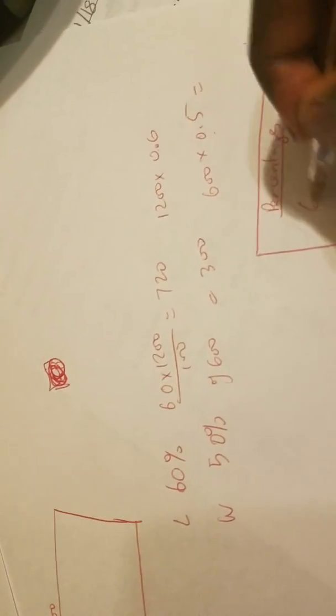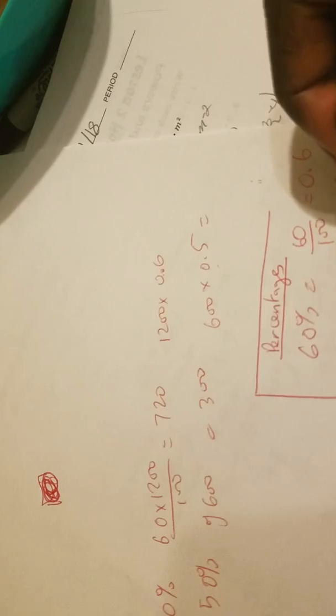That means you transform the percentage into a decimal. 60% is nothing but 60 over 100, which is nothing but 0.6, moving the decimal point twice to the left, 1, 2, and then doing the multiplication with the money.